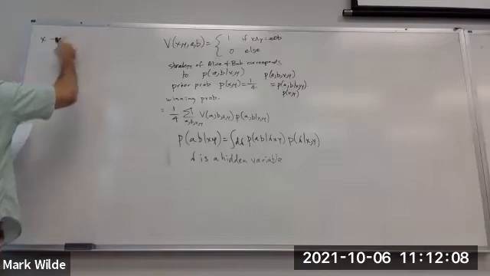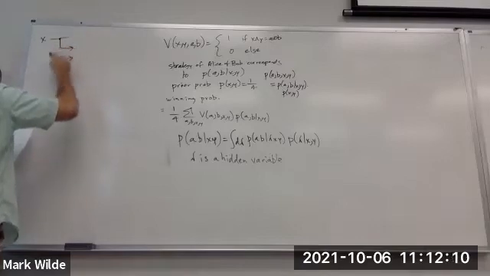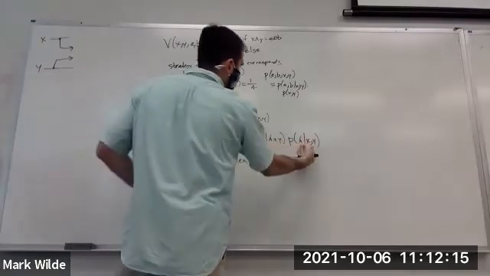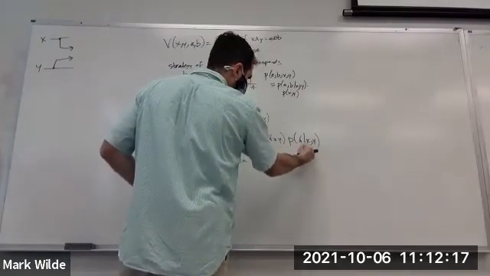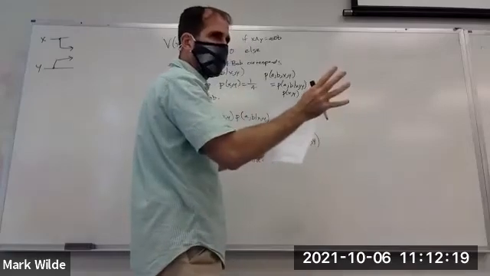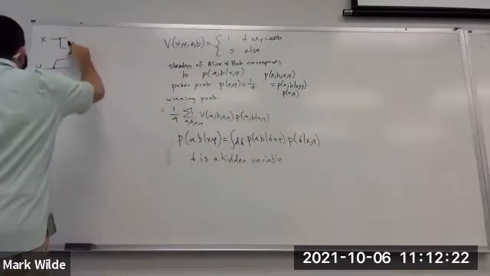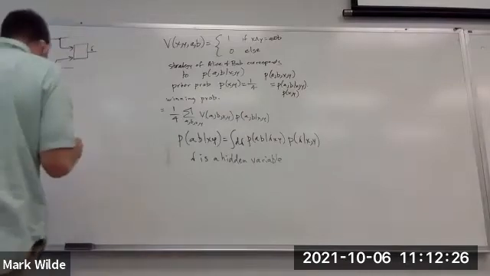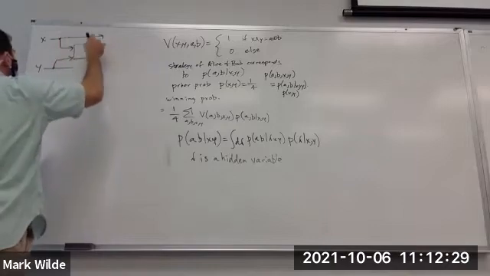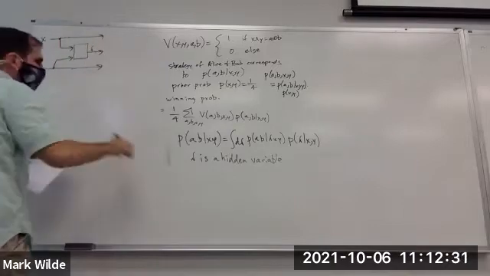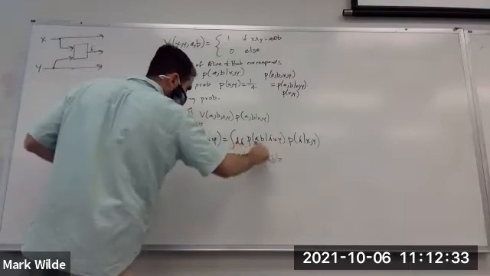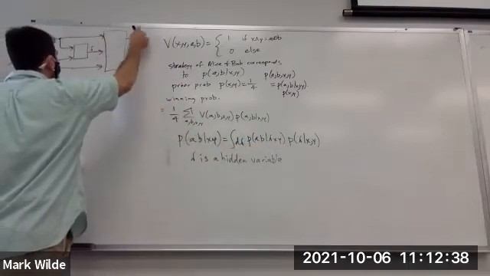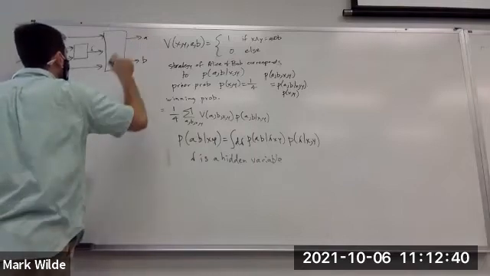X and Y come in and are copied and fed to this conditional probability distribution, which we can think of as a classical channel. That's going to be this box. Out comes lambda. And then that gets fed to this channel, which generates A and B.